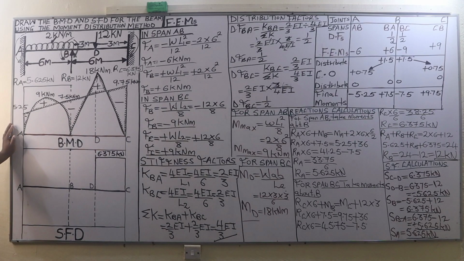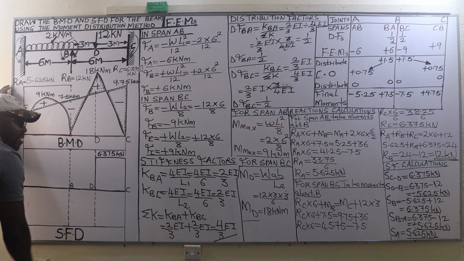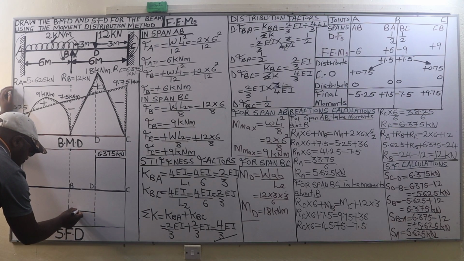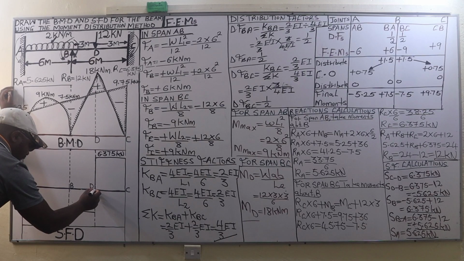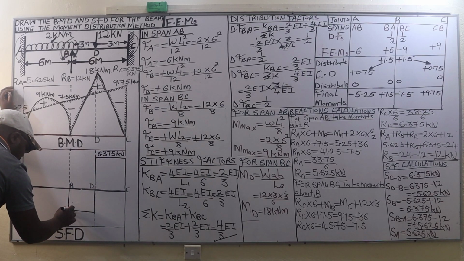Shear force between D and B is negative 5.625. So negative 5.625, let's say, is at that point. Between D and B, a horizontal line, join it to D, join it to B.